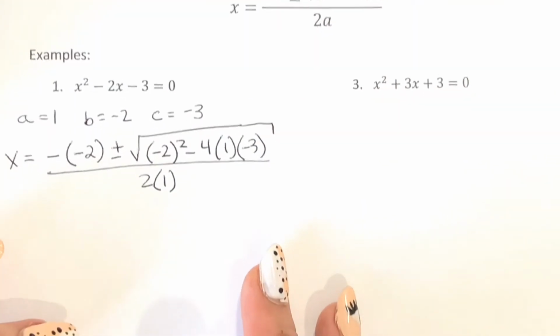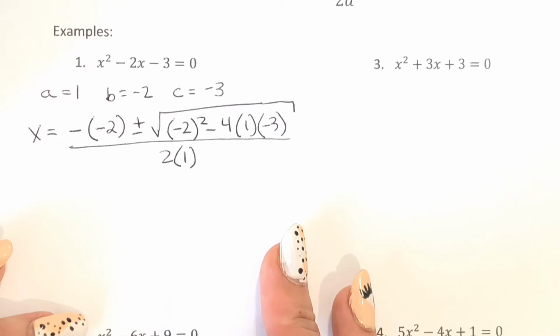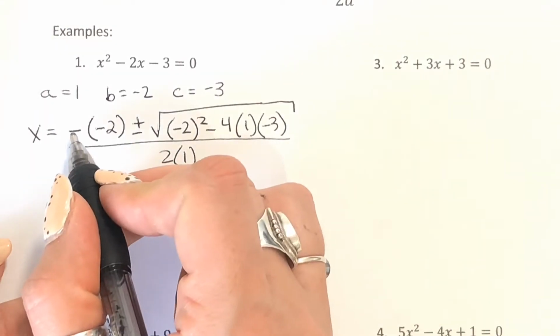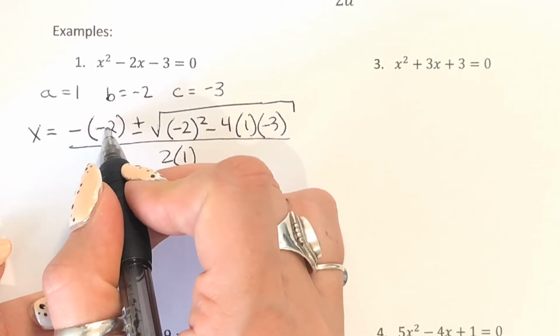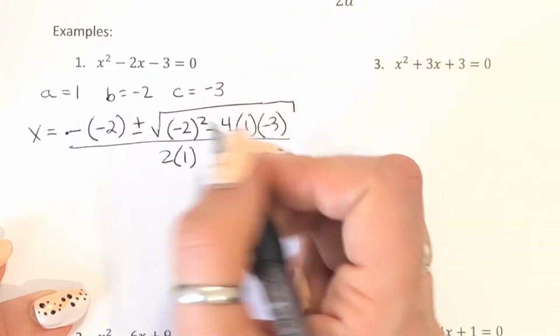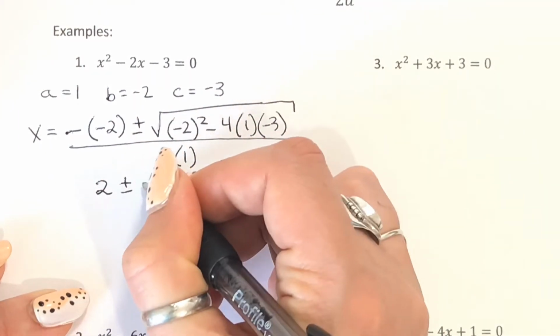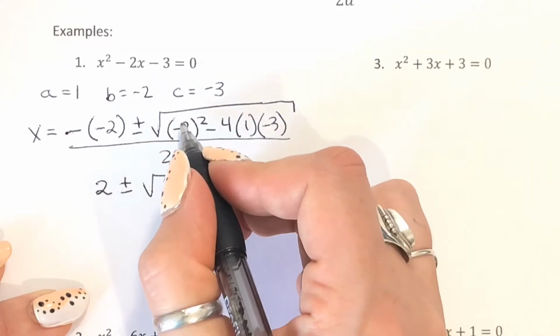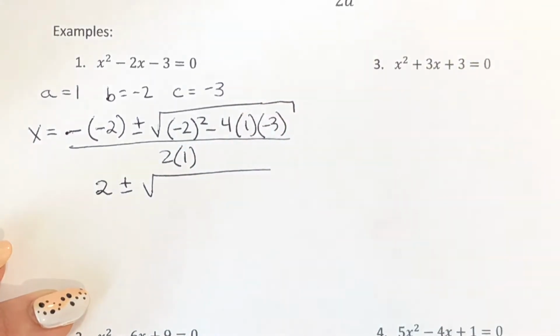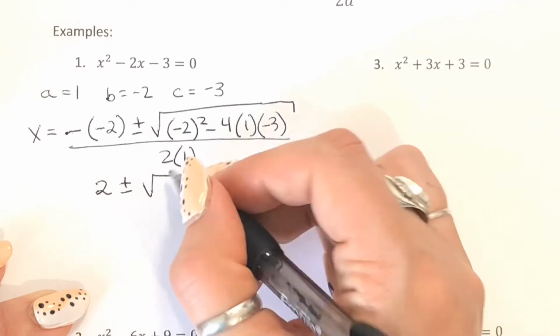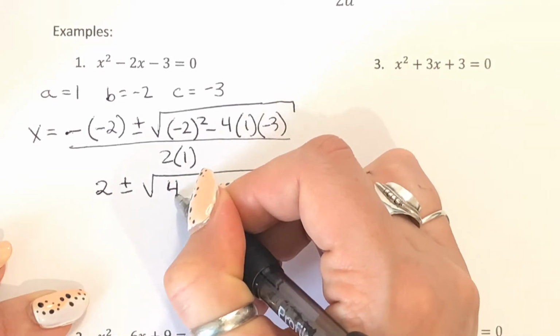Then once you have them plugged in, you are going to simplify. For example, we have a negative, negative 2. Those two negatives are going to turn into a positive 2, plus or minus. And then in our square root, we have negative 2 squared. Negative 2 times negative 2 is going to be a positive 4.